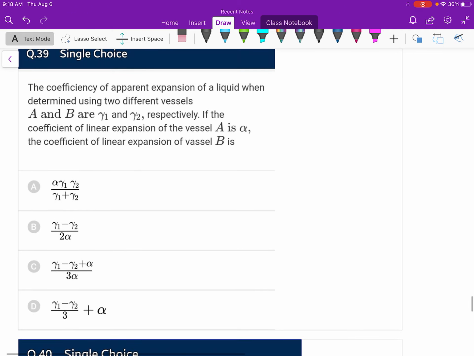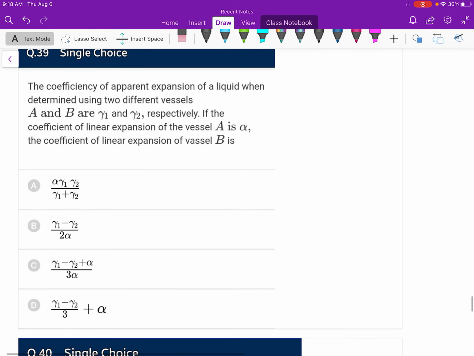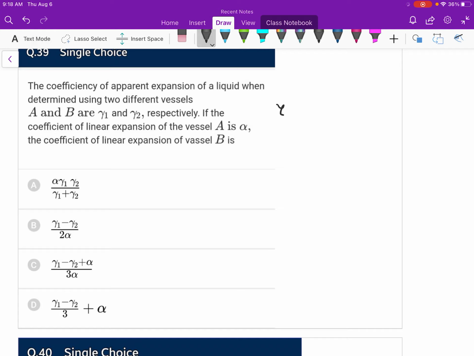The coefficient of apparent expansion of liquid when determined using two different vessels A and B are gamma 1 and gamma 2. So let's say fluid has volume expansion coefficient gamma. So expansion coefficient of fluid minus expansion coefficient of container A is gamma 1.